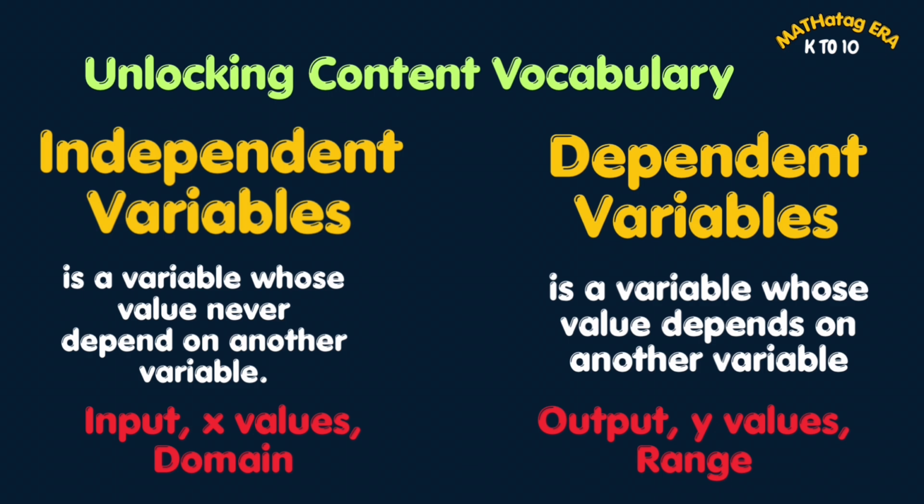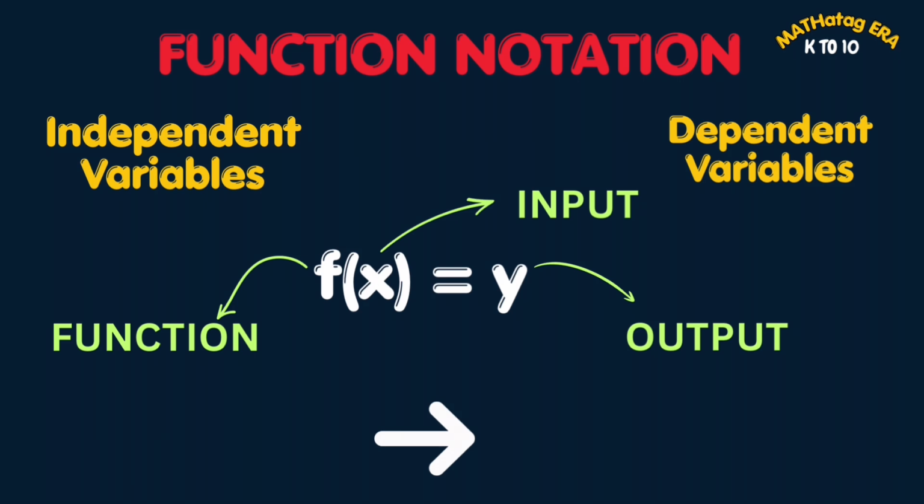The test score. Therefore, ang independent variable natin dito ay yung time spent studying, while the dependent variable is the test score. Because yung score, nakadepende siya on how much time was spent studying.